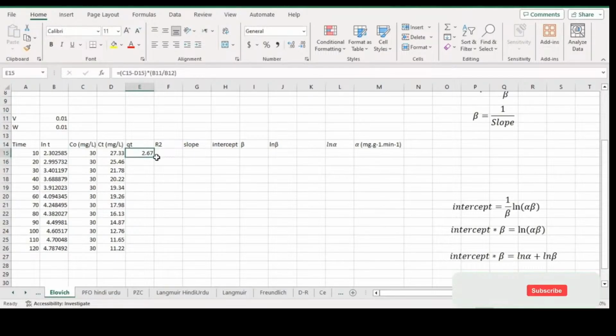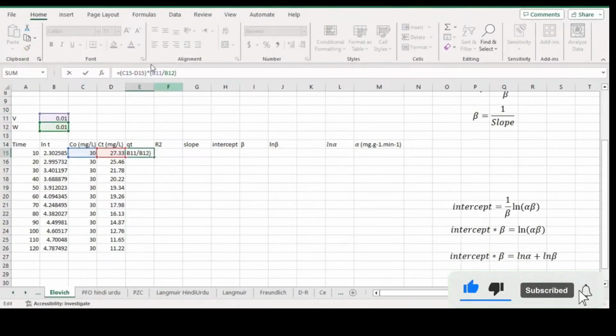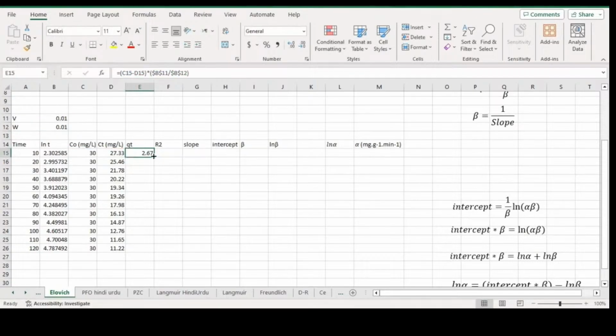In the formula, this B11 value shall be used throughout the formula. So we will lock this value by putting the dollar sign before and after. And then double click this one, the formula will be copied. Over here, we will plot ln t versus qt.